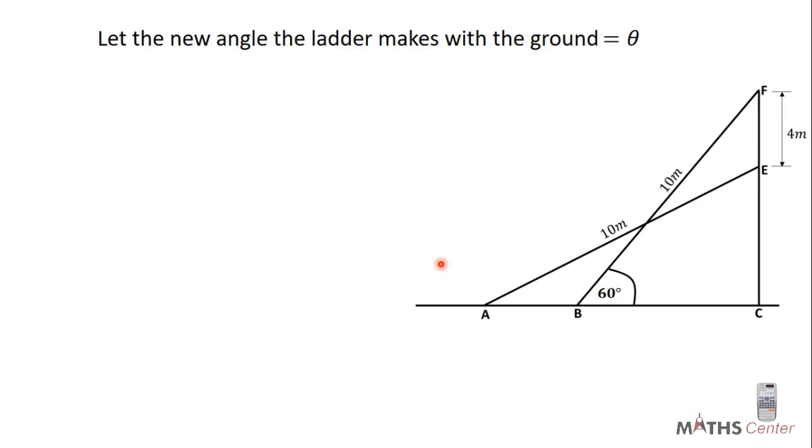So let the new angle the ladder makes with the ground equal theta. So we are calling the new angle the ladder makes with the ground theta. We learned in the previous video that it is this angle here, which is angle theta. So we can see the angle theta, and once again, don't forget that here is the right angle.